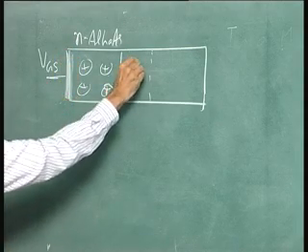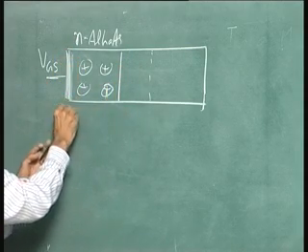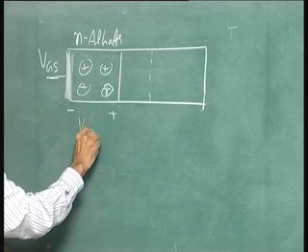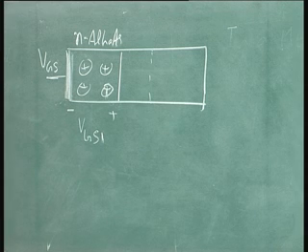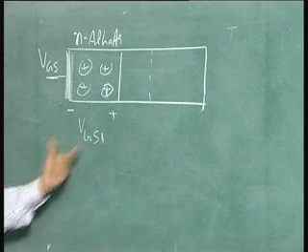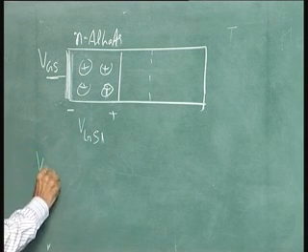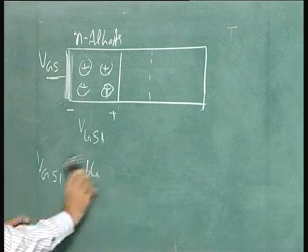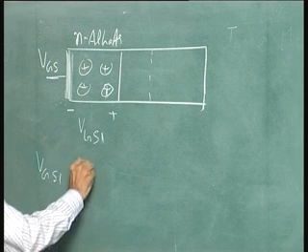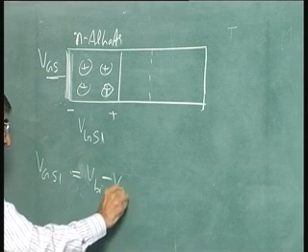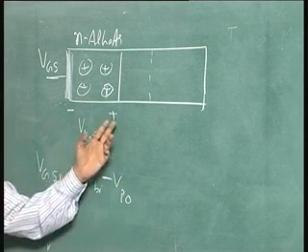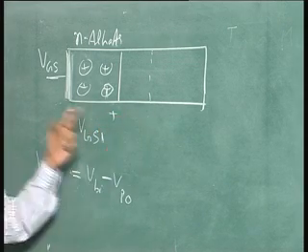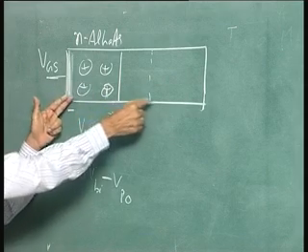Okay. And what is the potential that you must apply here? So, this is minus plus VGS1 to deplete that. Okay. Now, over here the applied voltage appears across this plus that.